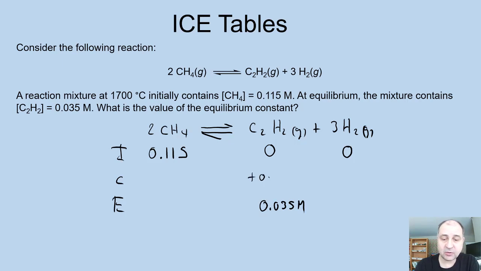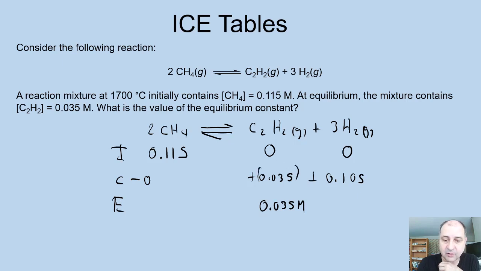Alright, so that means it went from 0 to 0.035 M, so we know this went up. So the change was 0.035. From there we can get all of the concentrations, because we know hydrogen needs to go up 3 times as much, so that's going to go up by 0.105. And here, this will go away by twice this factor.